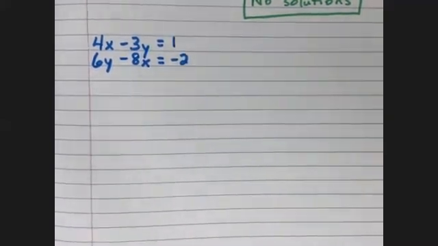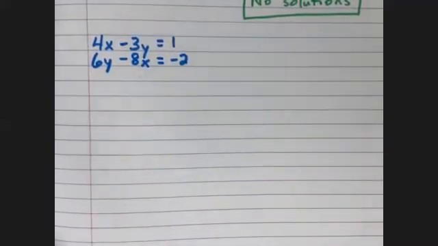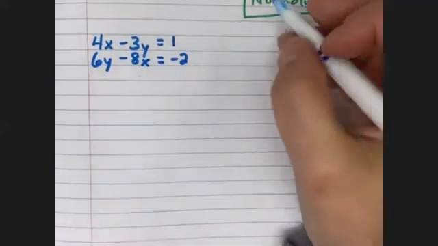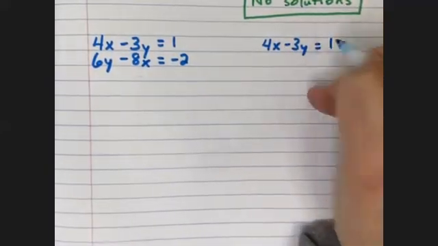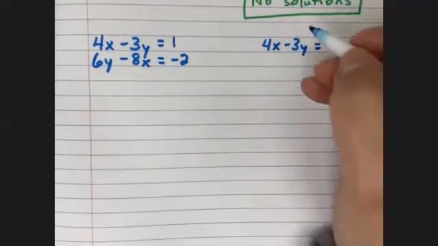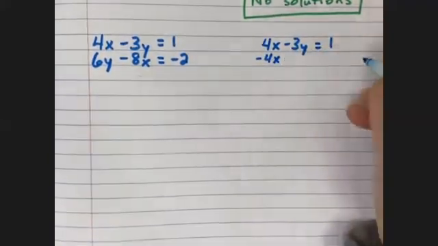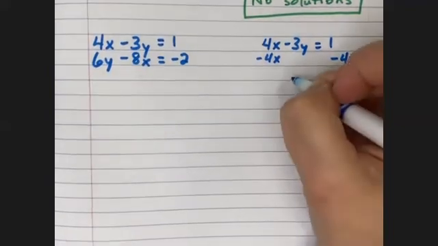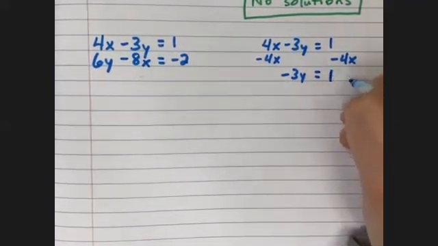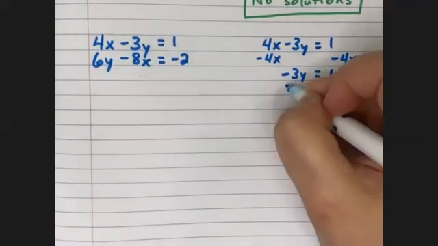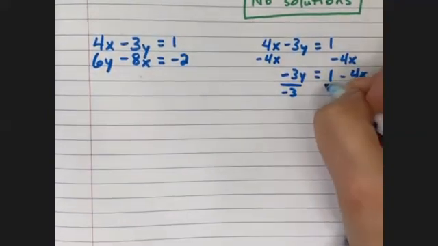The first thing that I need to do is I need to get one of the letters by itself. So I'm going to take the 4x minus 3y equals 1, and I'm going to get the y by itself. So subtract 4x. So I have -3y equals 1 minus 4x, and I'm going to divide by -3.